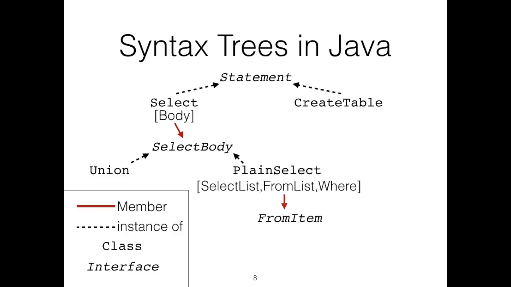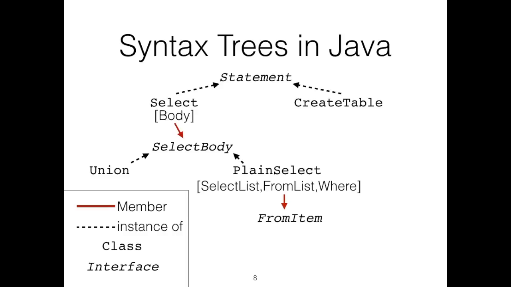Now, plain select has a select list, which is a list of targets given as instances of an expression interface, has a from list, which is a list of objects that implement the from item interface, and a where clause that is, again, an object that implements the expression interface.